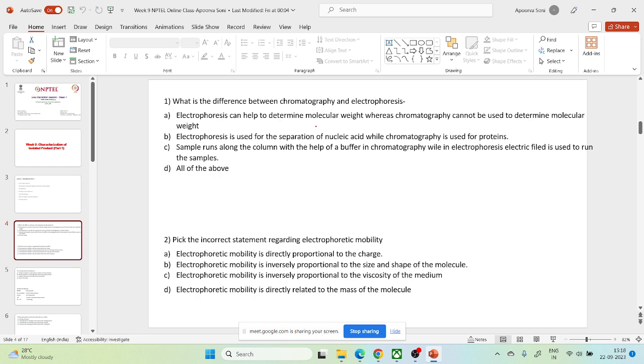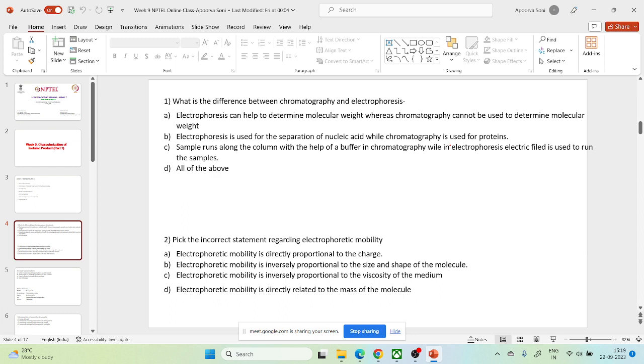Electrophoresis can help to determine molecular weight, whereas chromatography cannot be used to determine molecular weight. Electrophoresis is used for the separation of nucleic acids, while chromatography is used for proteins. Sample runs along the column with the help of a buffer in chromatography, while in electrophoresis, an electric field is used to run the samples. So what is the main difference between chromatography and electrophoresis?